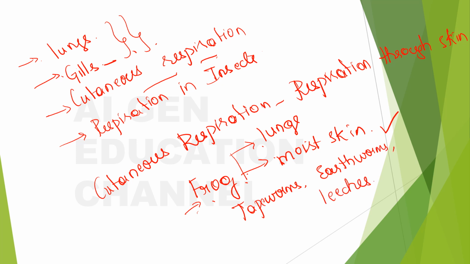The prerequisite for this is that animals that breathe through their skin will have thin skin. Thin and moist skin is needed for this to happen. Because of this thin and moist skin, the gas can easily penetrate or come out of the skin, and so the exchange of gases takes place. It is as simple as that.